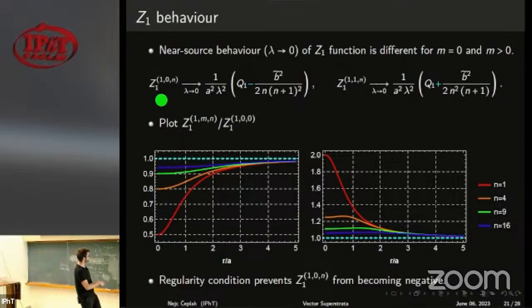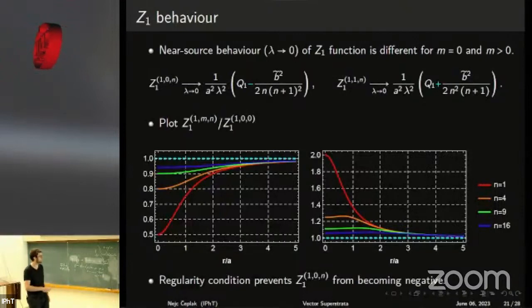But even if your charge decreases as you go towards the source, the regularity conditions that were flashed in the previous slides prevent it from ever becoming negative. These solutions behave very nicely everywhere. So the difference is the value of m. On the left-hand side, you have (1,0,n) solutions, and on the right-hand side, you have (1,1,n) solutions.